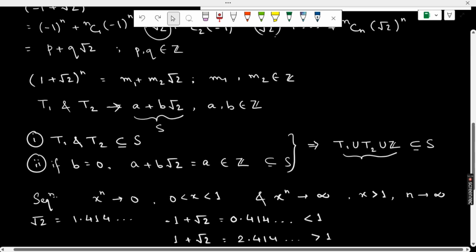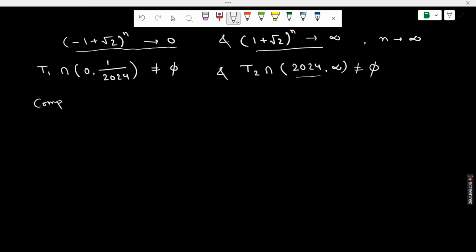So now for option D. To solve D, we need to know about complex numbers.